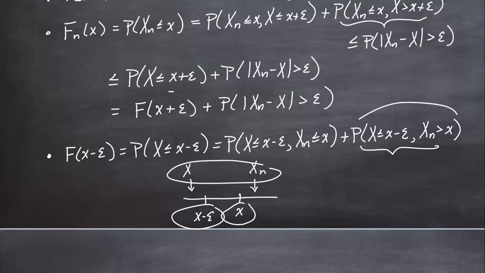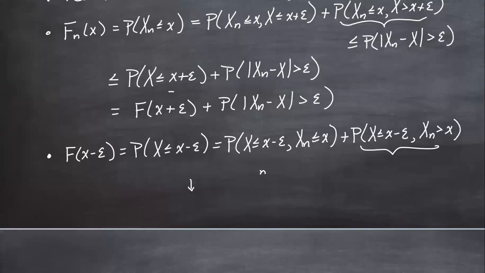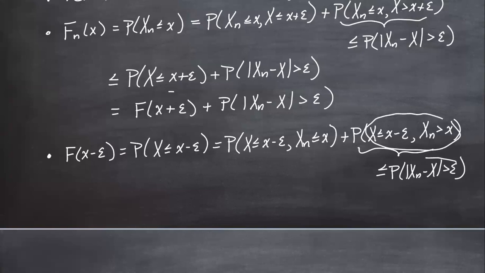So this is a very specific case of Xn and X being more than epsilon apart. And if we want to look at that event, we will have a higher probability of that happening. So this is less than or equal to the probability absolute Xn minus X is greater than epsilon. Because one more time, if this happens, then this has happened, but not the other way around.